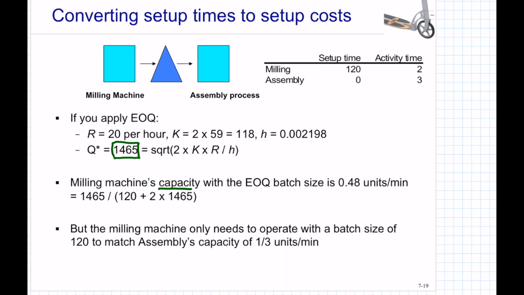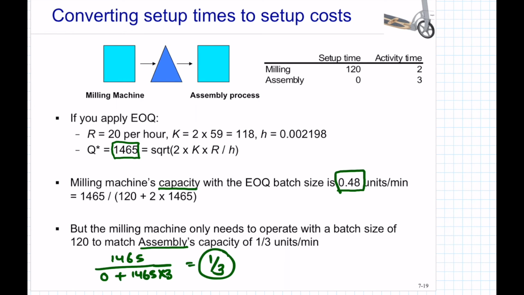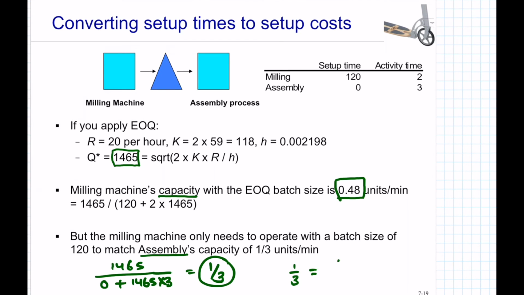So with this, if you calculate capacity, it equates to 0.48 units per minute. But note that capacity of assembly is only 1 by 3, which is 0.33. So assembly is the bottleneck. So if we calculate the batch size, keeping in mind assembly is the bottleneck and the milling operation has a setup time, we get a batch size of 120.